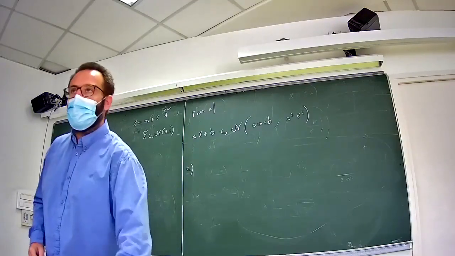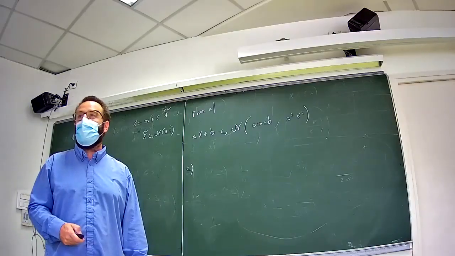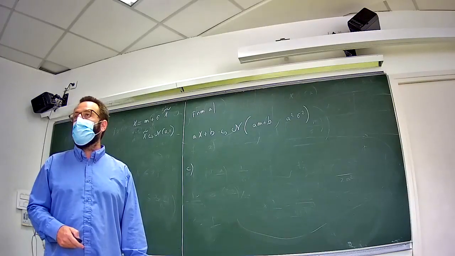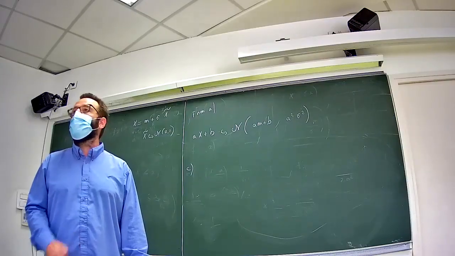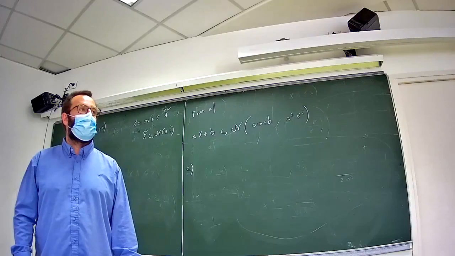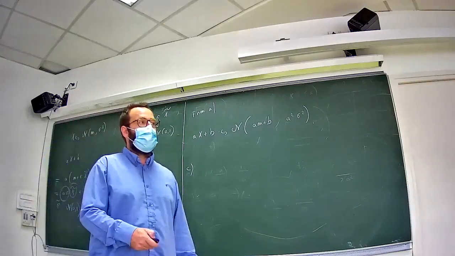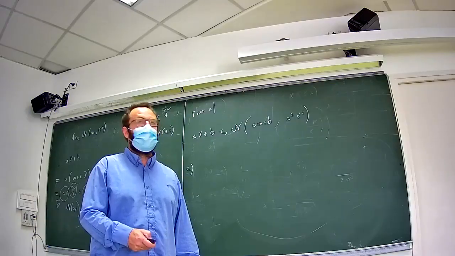In the first statement, I show you how to pass from a N(0,1) to a N(m, sigma squared). The small c is a kind of converse. If I start with a N(m, sigma squared), how to make... So we can go back to proposition 1, right? No, from the third one to the first one. It's exactly what I say.